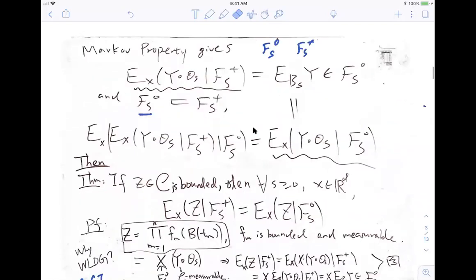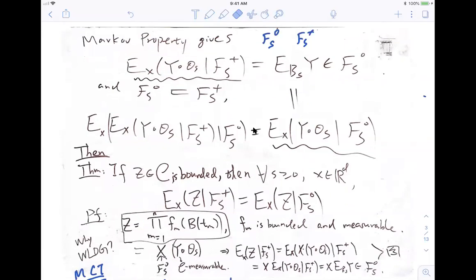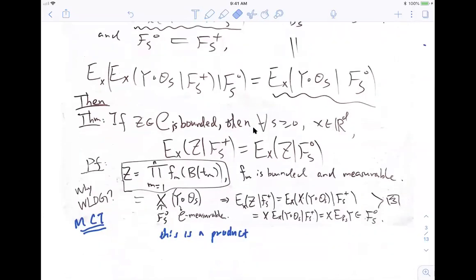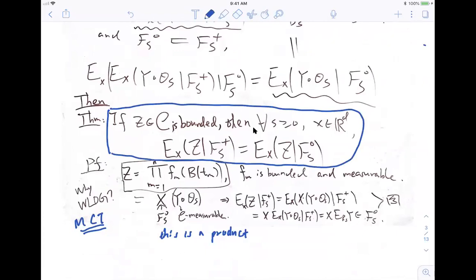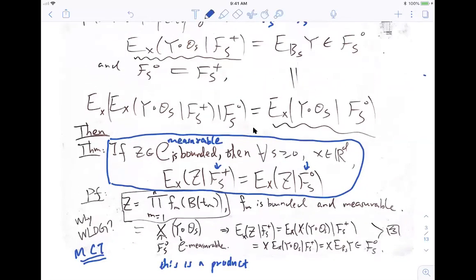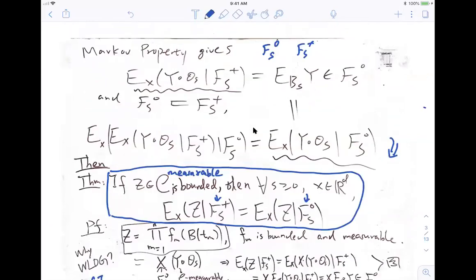Okay, so this is the basic observation, and we can extend this observation to a general family, using similar techniques, to get this theorem. This theorem says that for a general bounded function, which is measurable with respect to the sigma field generated by the coordinates, if we condition on F_{s+} and condition on F_s^0, they're the same. So this is a generalization of the previous discussion.